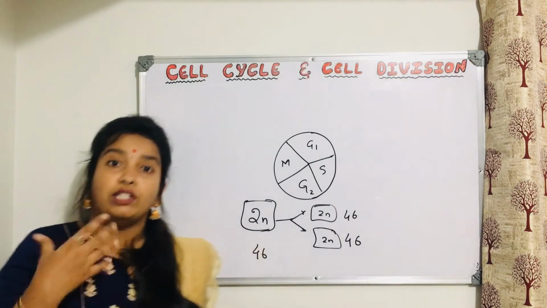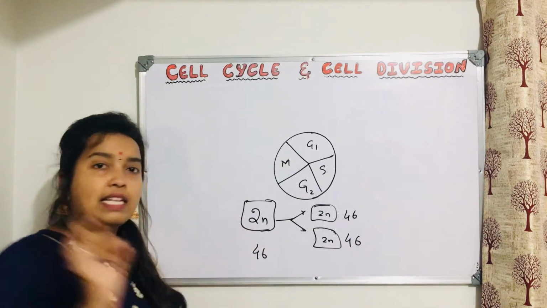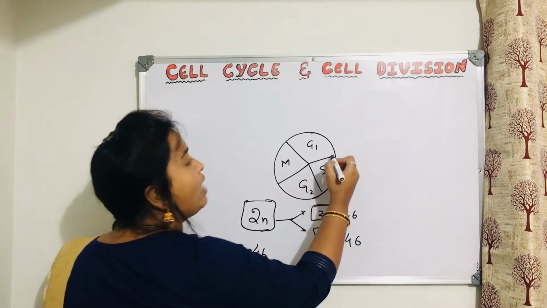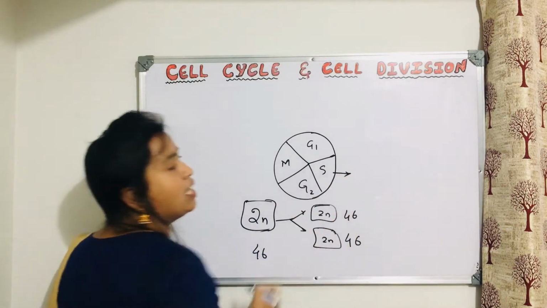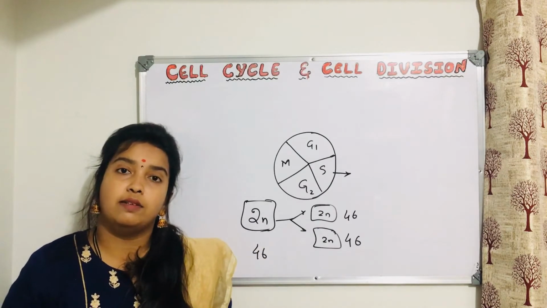Now the question will be, when the cell enters the cell cycle, what will be the number of chromosomes in the S phase?